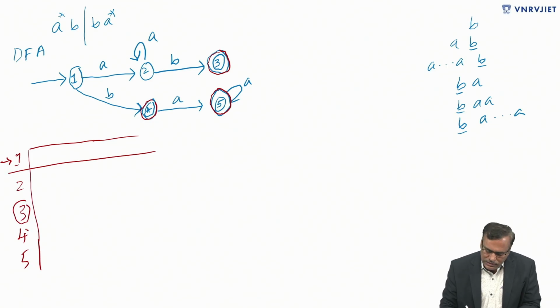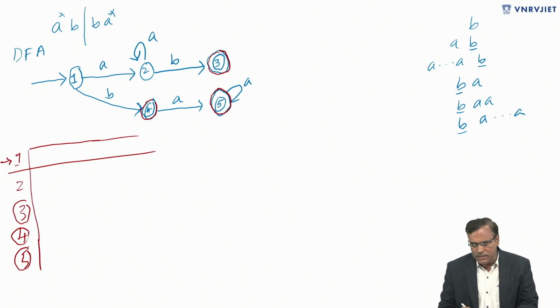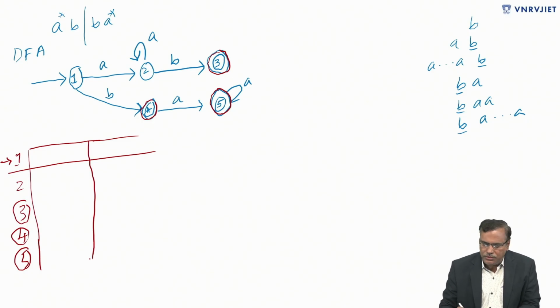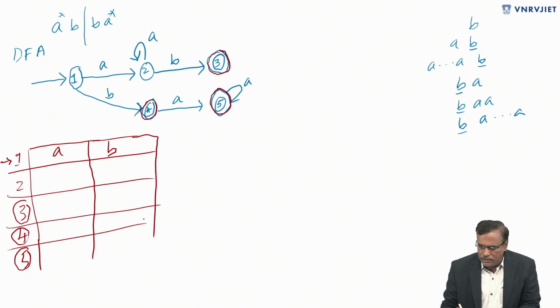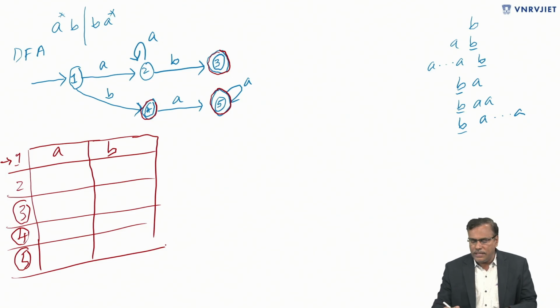Final states are double circles in the transition diagram. In the table, you can use a single circle, or some people also use a star. It is up to you. And coming to the input symbols, you have 2 different input symbols, A and B, right? From the diagram, you can get the entries of this table.